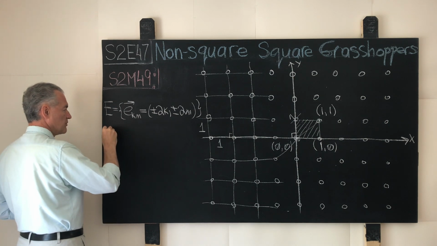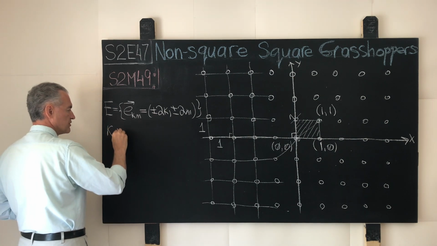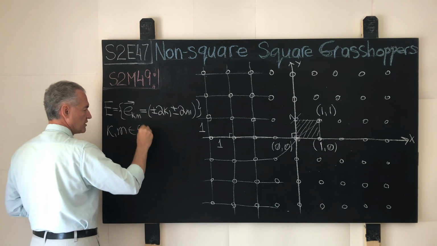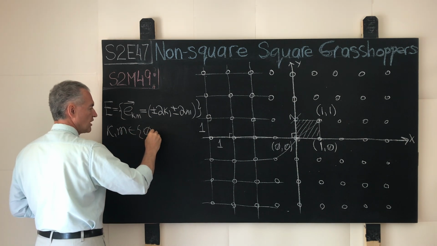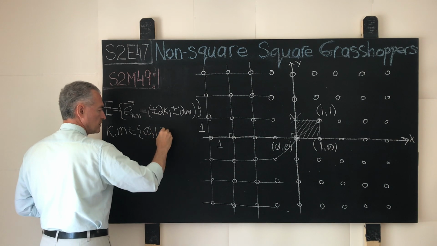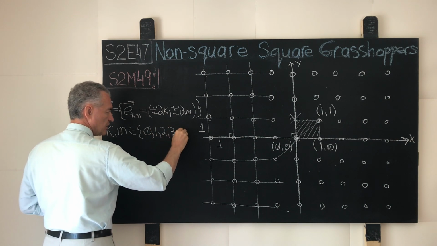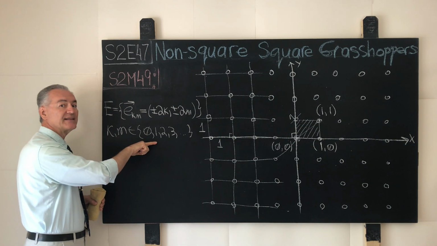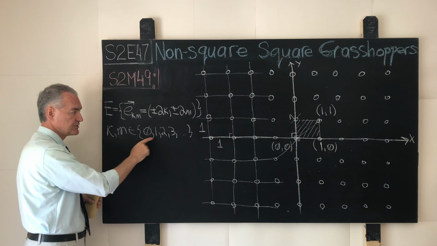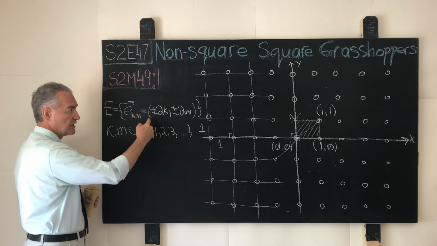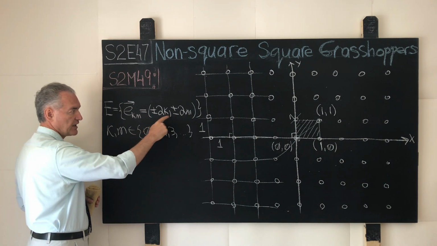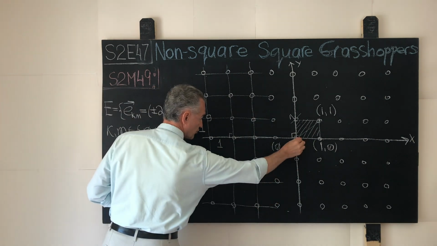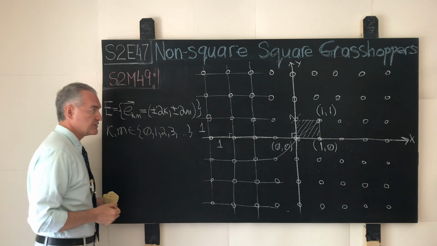We understand what that means. And then the numbers k, m belong to the following infinite set: 0, 1, 2, 3, and so on, or basically the infinite set of non-negative whole numbers. In the first case, evidently, when k and m are 0, we get the 0 vector. Nothing happens over here, but after that, things become interesting.